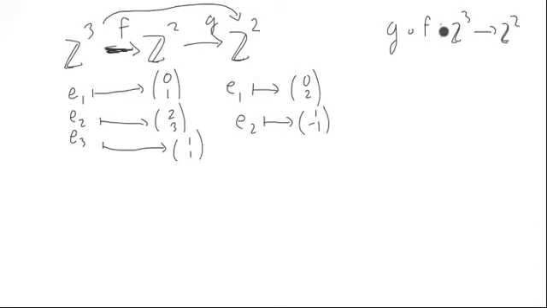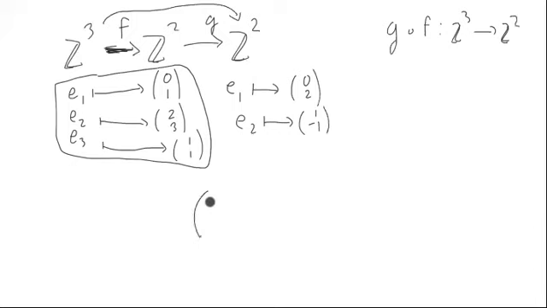And how are we going to represent it as a matrix? Well, first, let's think about F. F can be represented in a matrix, thinking about that what's in the image is going to be represented as columns in Z2.